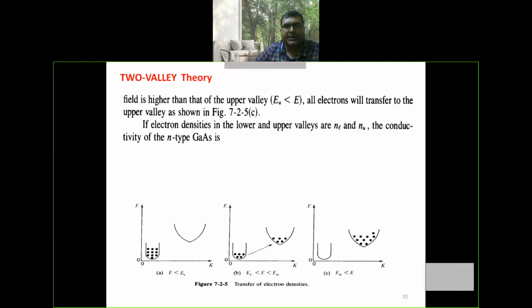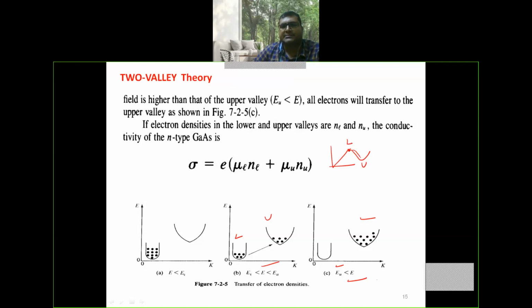Just now I explained the movement of electrons from lower valley to upper valley. The transfer is taking place. This is the situation if the applied electric field is above the level of the upper valley. All the electrons are transferred to the upper valley, and here you can observe the negative resistance region when the electron transfer takes place from lower valley to upper valley.